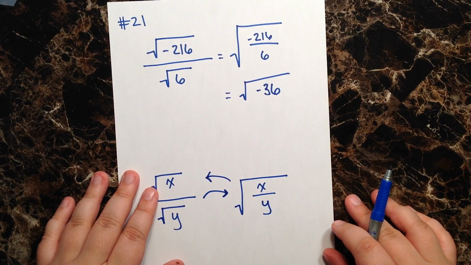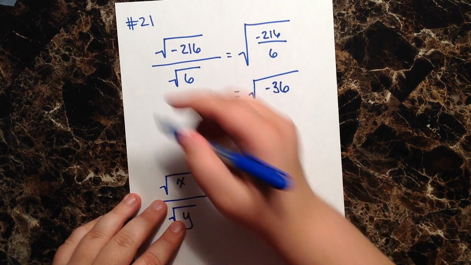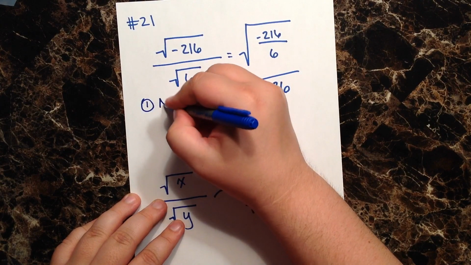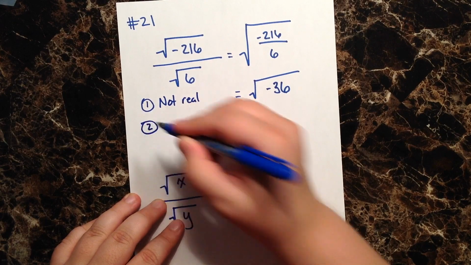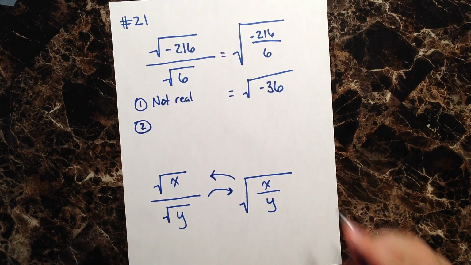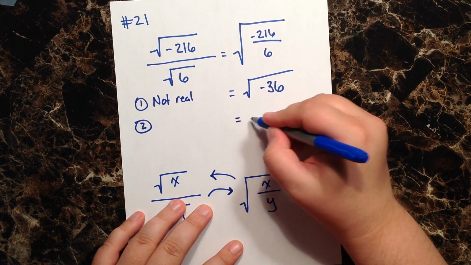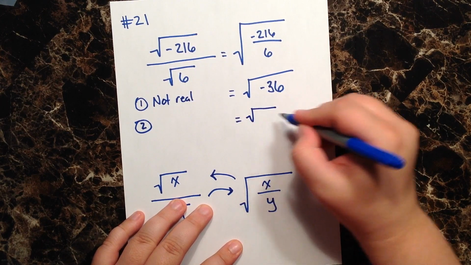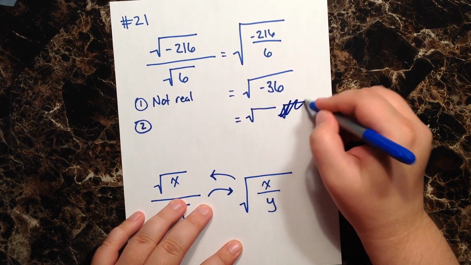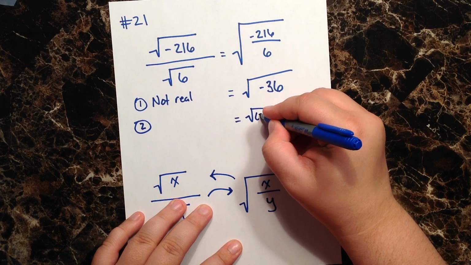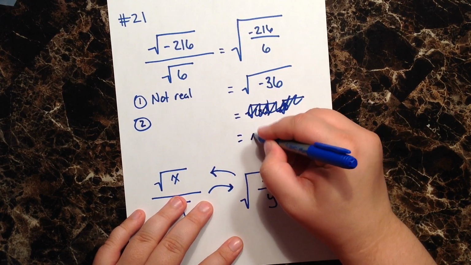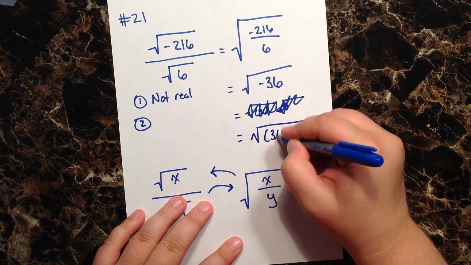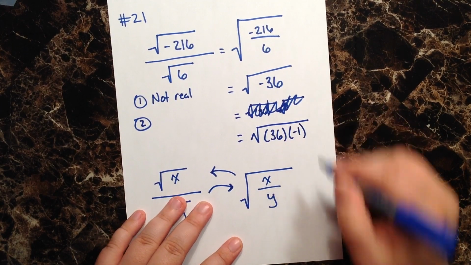Either the answer is going to be not a real number, so that's possibility A, or go ahead and look at your answer choices, because really this is the same thing as writing negative 36 as 36 times negative 1.